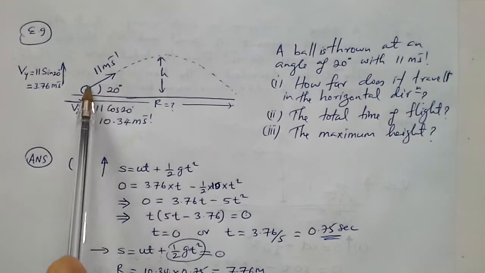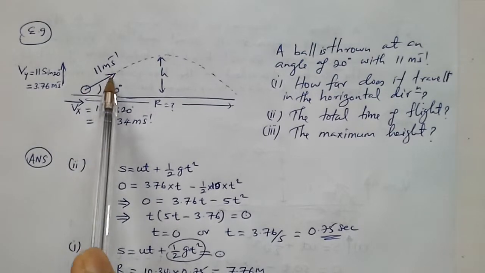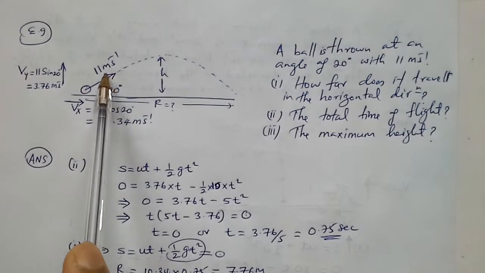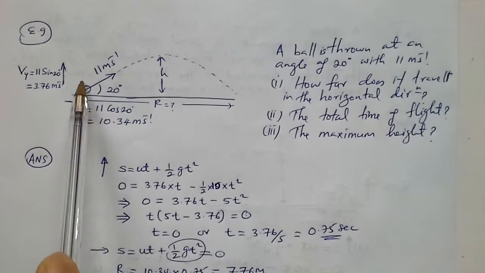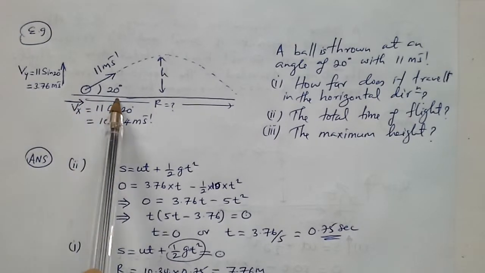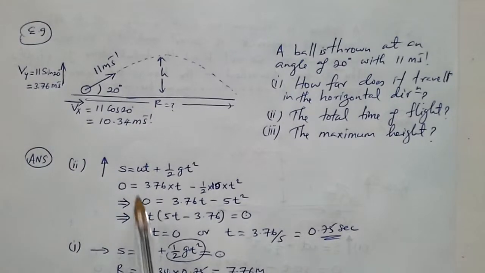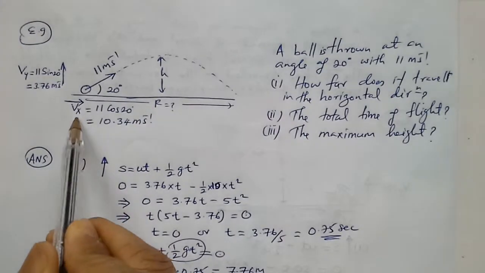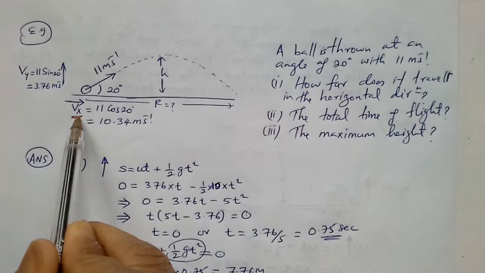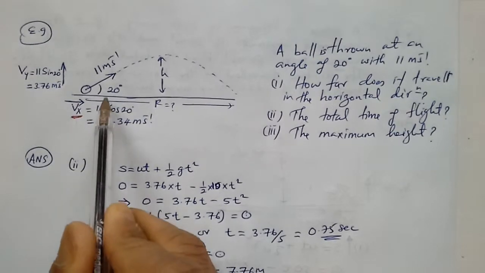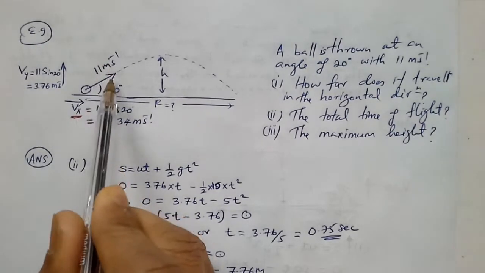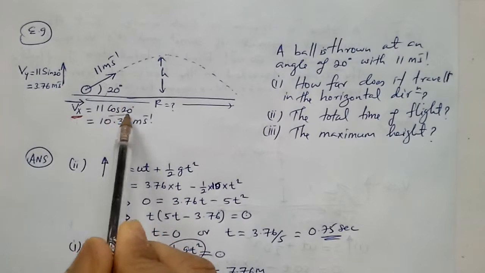What I'm going to do is divide this velocity vector into two perpendicular components. One is in the horizontal direction, the other in the vertical direction. In the horizontal direction, I'll call this my Vx component, which would be 11 cos 20 degrees.